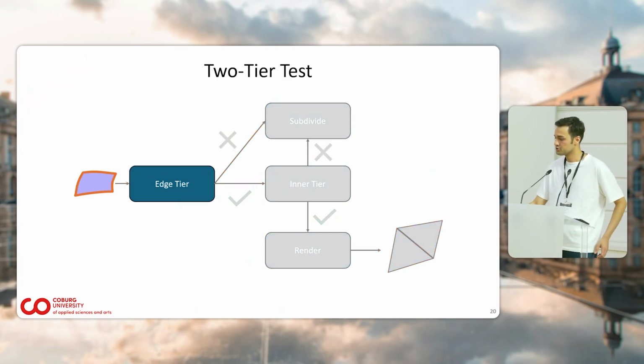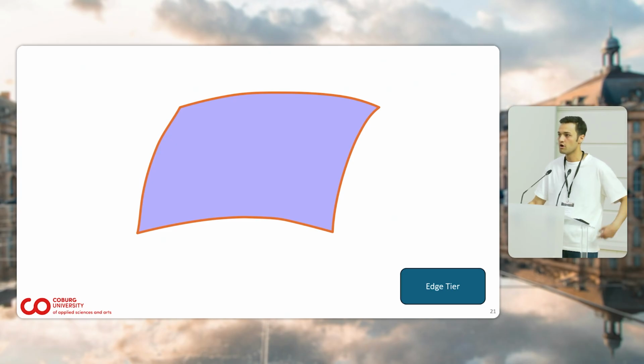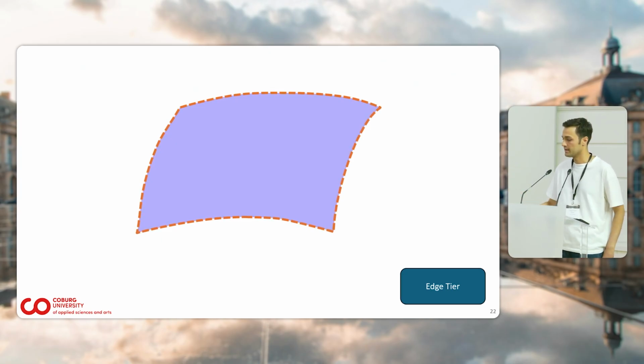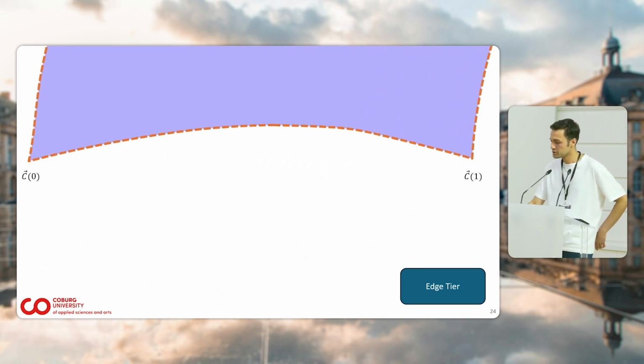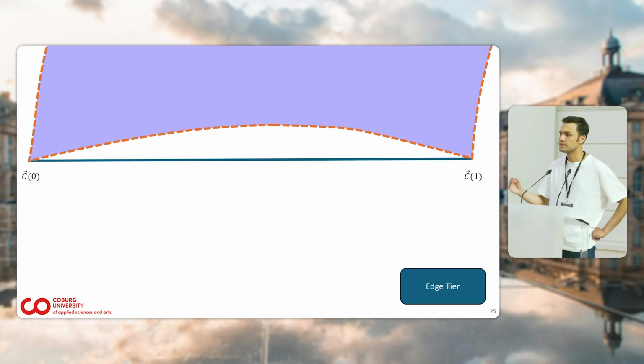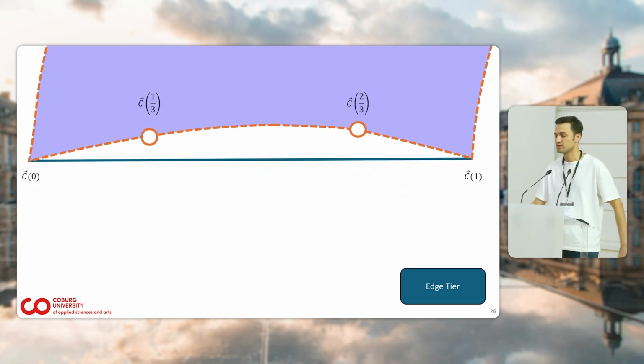Now, let's take a look at the HDR. If we go back to our surface, we see a bunch of curves at the boundaries, and we call them boundary curves. If you zoom in to one of the boundary curves, we could suppose that we have a line that connects both endpoints of the curve, and we could evaluate the curve at 1/3 and 2/3.